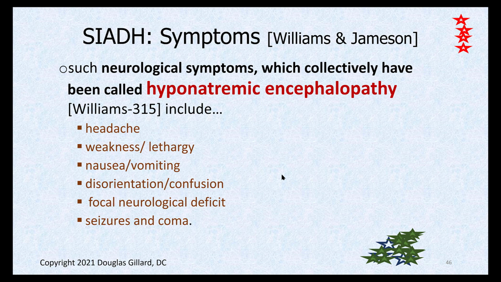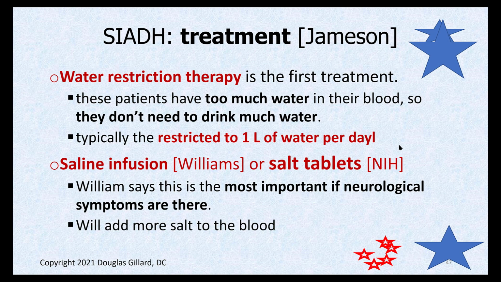Hyponatremic, not enough salt. And where's the body going to get the salt from? It's going to suck the salt out of the brain cells again, and that's not good either. It causes dysfunction of the brain cells and kills the brain cells. And so you get a headache, lethargy, weakness, vomiting, confusion, weird neurological deficit, seizure, and coma. So, same kind of story.